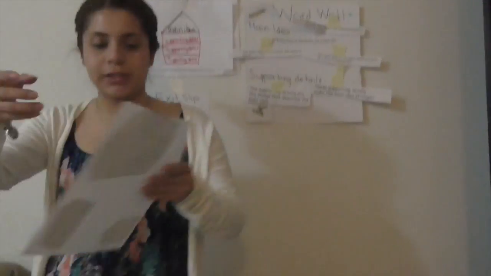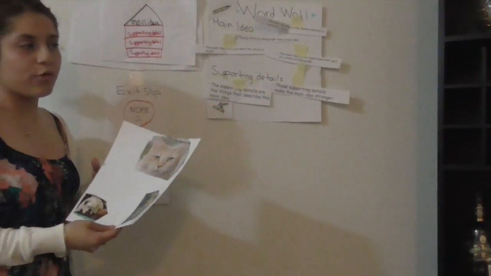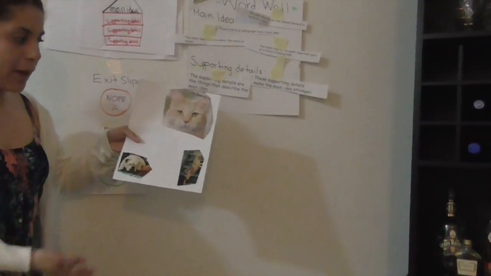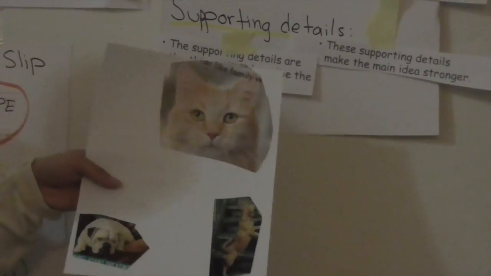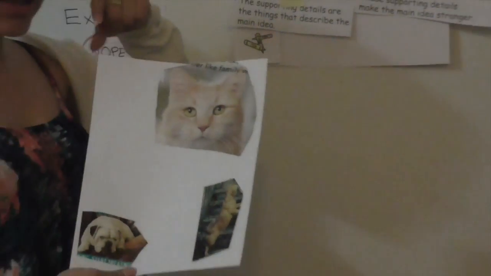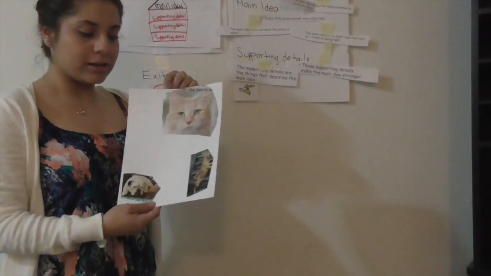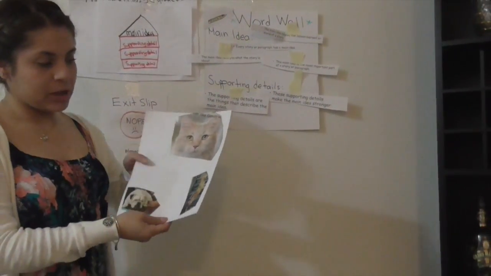I have these pictures, and this is not a text. We're focusing on a non-fiction text, but I think it might be fun if you guys are going to be able to tell me the main idea using pictures, because this is like non-fiction. These are real. These are real animals.